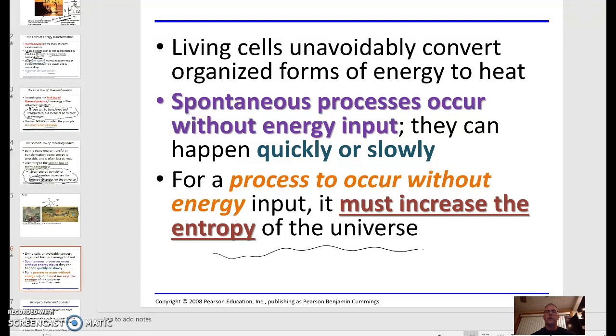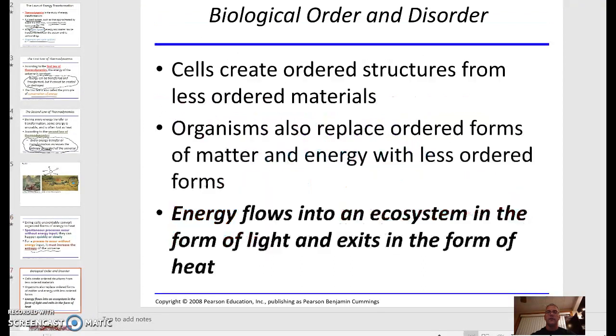Okay, so it's a little bit of a concept that is sometimes difficult to follow there, but we understand, if you think about even energy transformation starting with producers, you're going to have energy flowing into an ecosystem in the form of light, exiting in a very random form, which is heat.